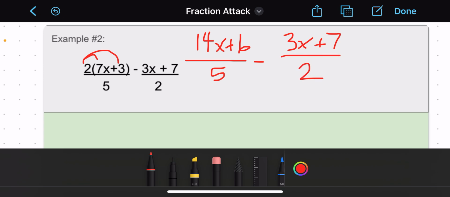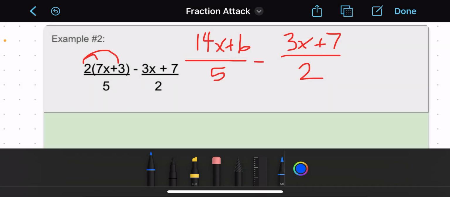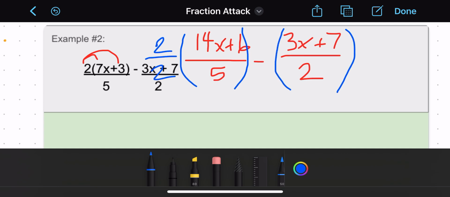Okay, I want to subtract these 2 fractions, but I don't have common denominators. So I'm going to need to make those common denominators. Unfortunately, this time 2 does not go into 5, so I'm going to have to change both of the fractions. So I'm going to make the denominator 10 because I know that is a common denominator. I'm going to multiply this side by 2 over 2, and I'm going to multiply this side by 5 over 5.